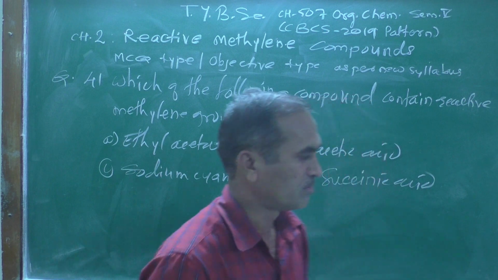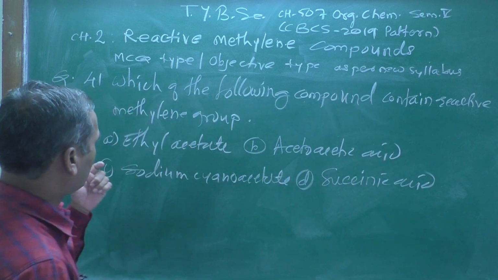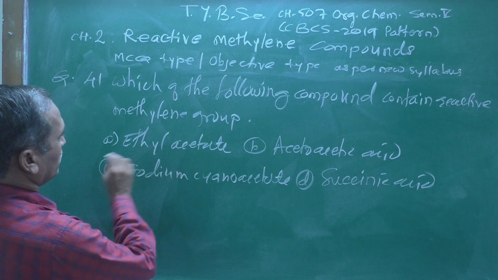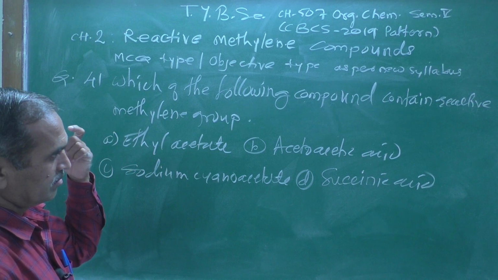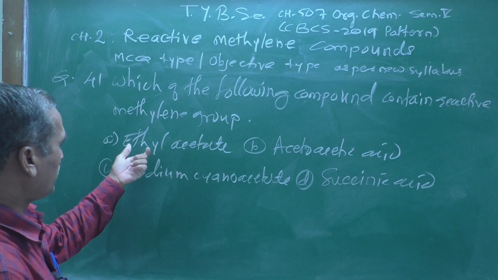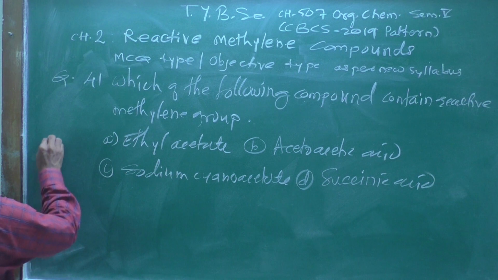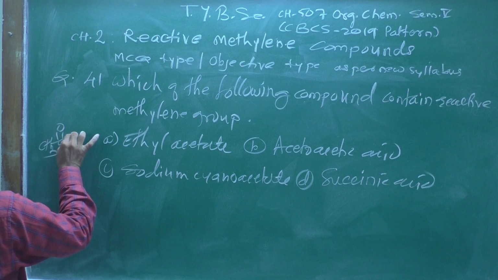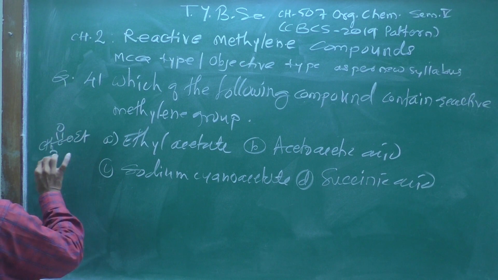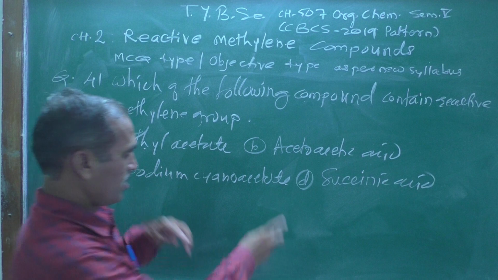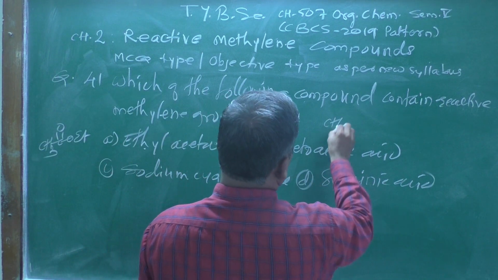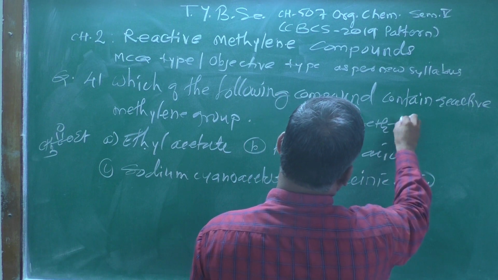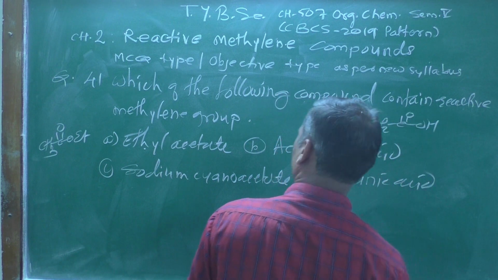First of all, let us see the structures of each compound written here. The structure of ethyl acetate is C double bond O, then O, Et. Acetoacetic acid has the structure CH2 C double bond O, OH.